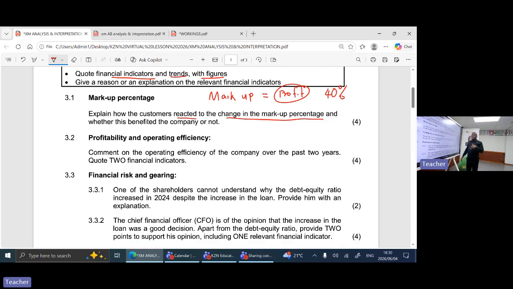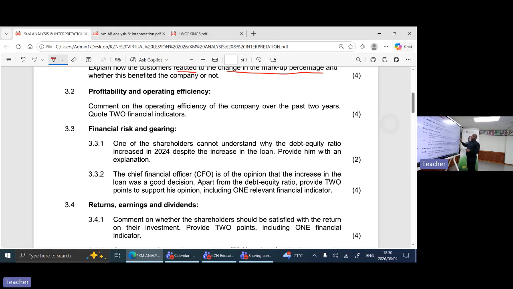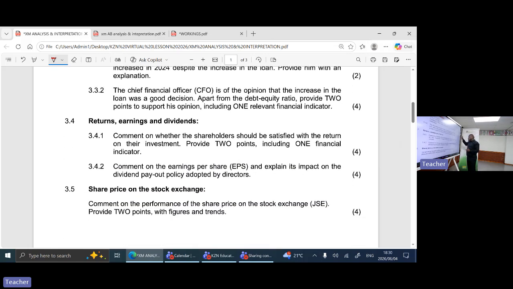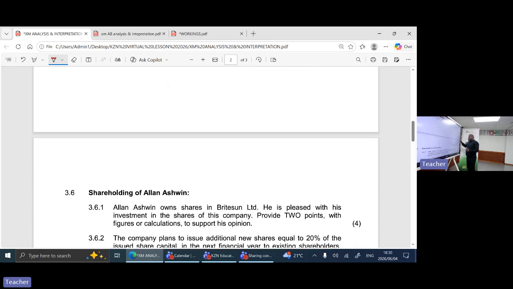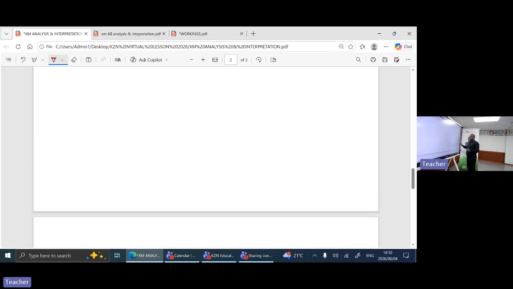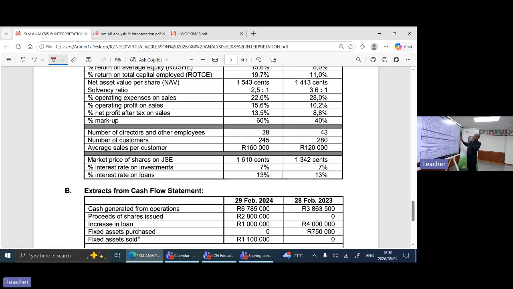They find other businesses that sell similar products. So we'll have to look at the behavior of our customers with regards to this. Did our company benefit when there was a percentage change in our markup? We'll have to analyze or interpret these figures again. My figures will tell us what happened to our customers.